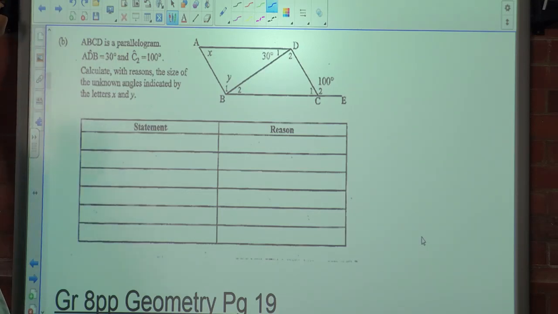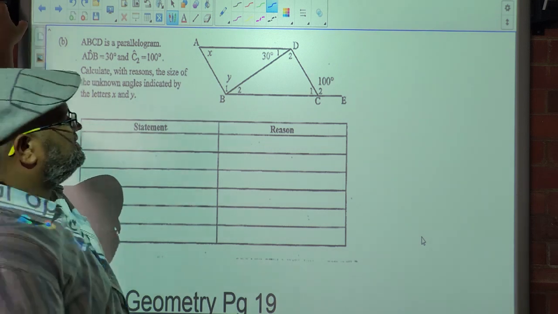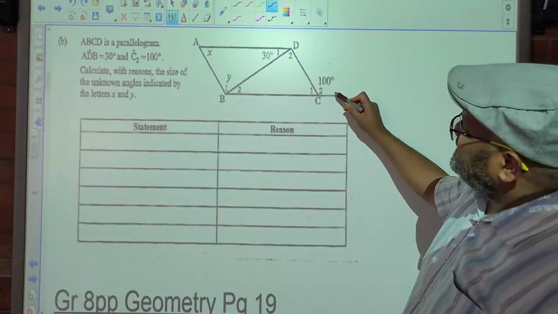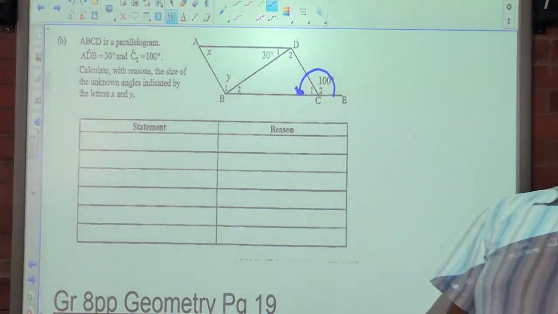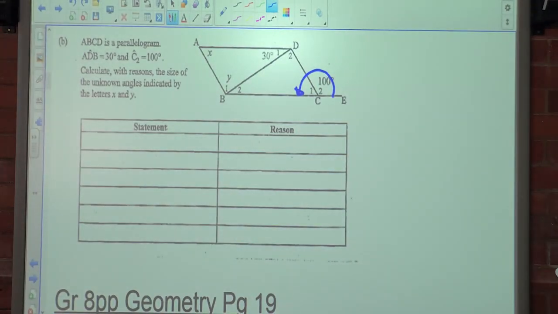Where do I start? X. Are you going to solve X? Straight angle. It's a straight line, eh?